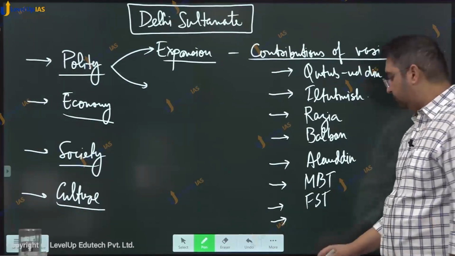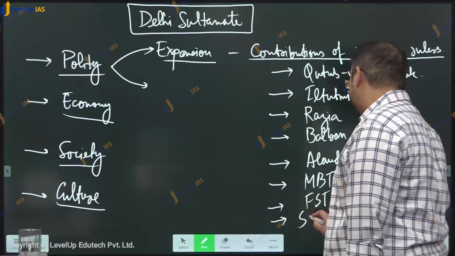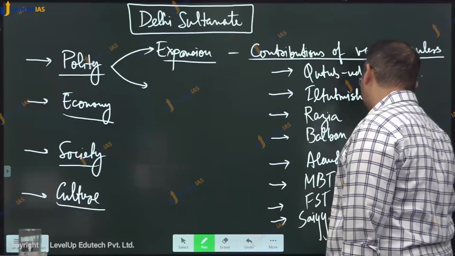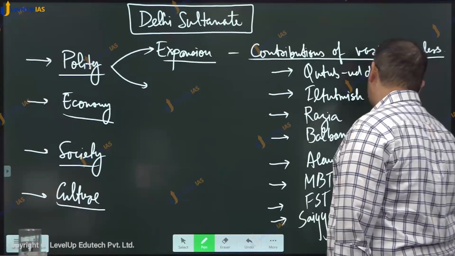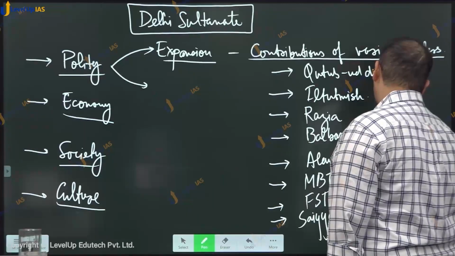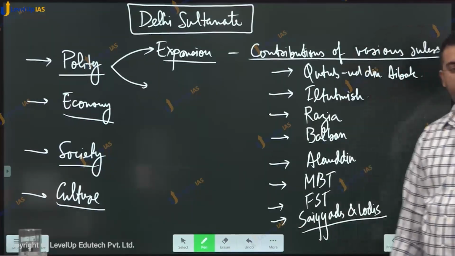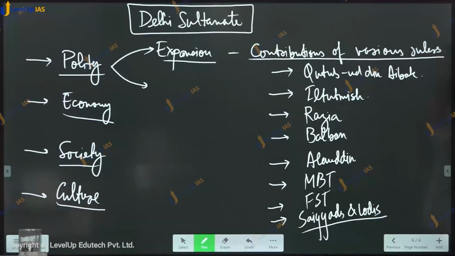After the Tughlaqs, दो और डायनेस्टीज कौन कौन सी? Sayyids and Lodhis, right?